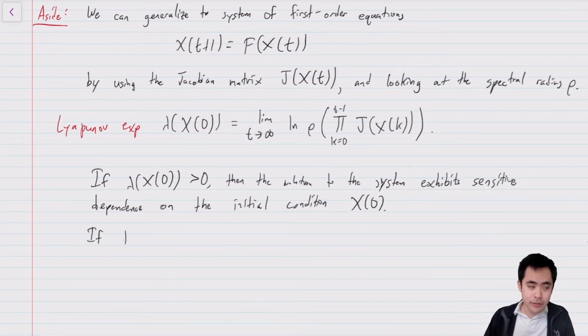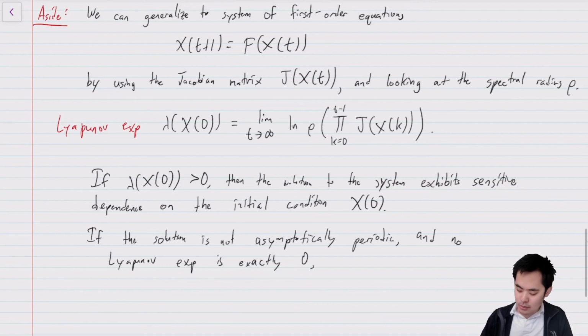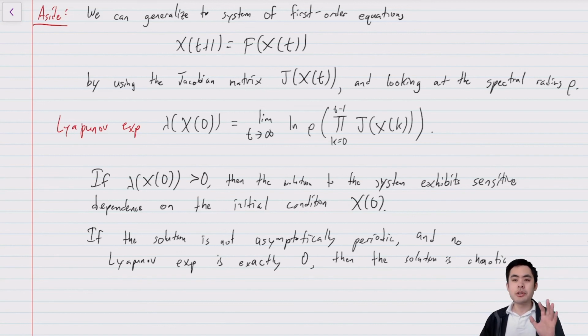And in general, if the solution is not asymptotically periodic, so if it doesn't eventually limit to a cycle, and no Lyapunov exponent is exactly 0, then the solution is chaotic.